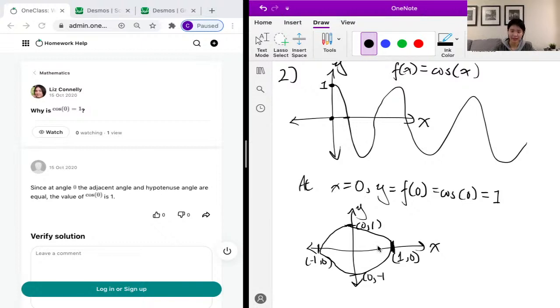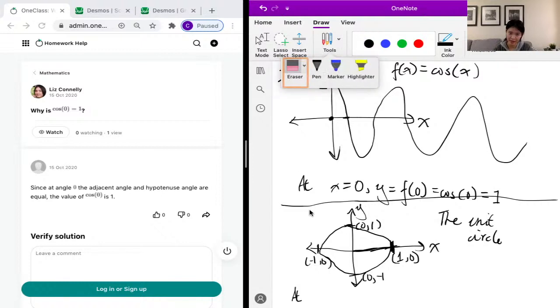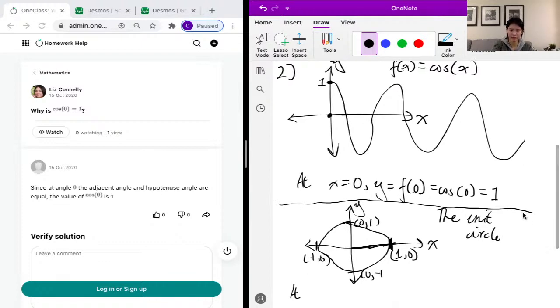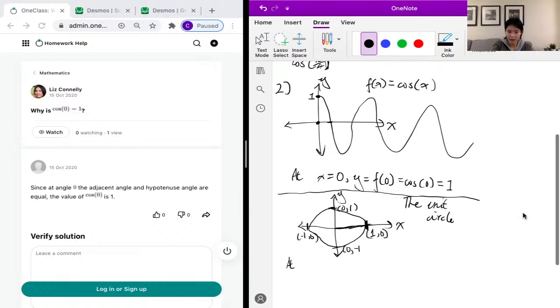This is our unit circle here, and we know that for the unit circle, the x values are the cosine values, and the y values are the sine values. Let me put a line through it.